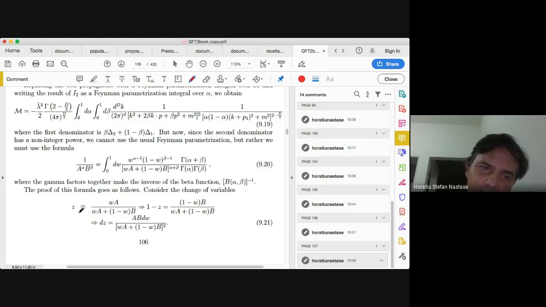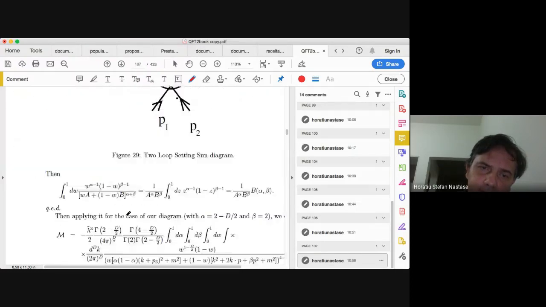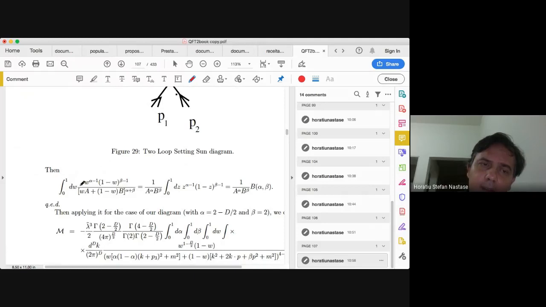well, we define this complicated variable, z, that depends on a and b in this way. 1 minus z is this, then dz, you can calculate it to be this. And so this integral over w is written as an integral over z, but now it's really 1 over a to the alpha, 1 over b to the beta, which goes outside.